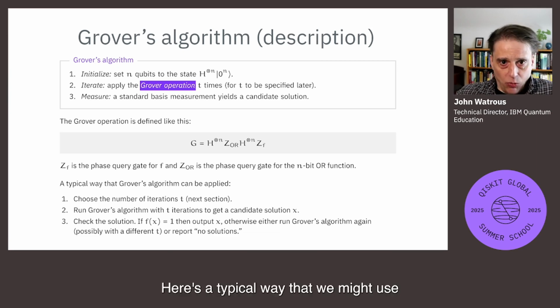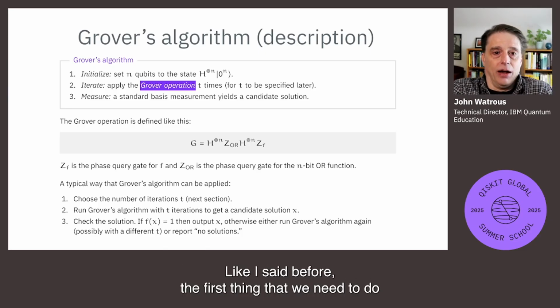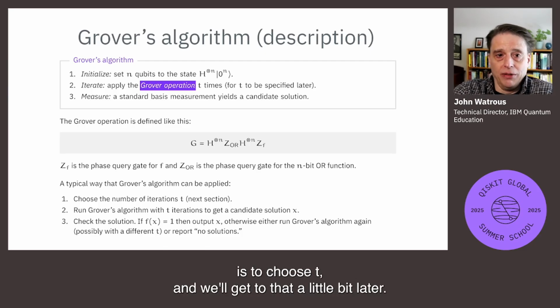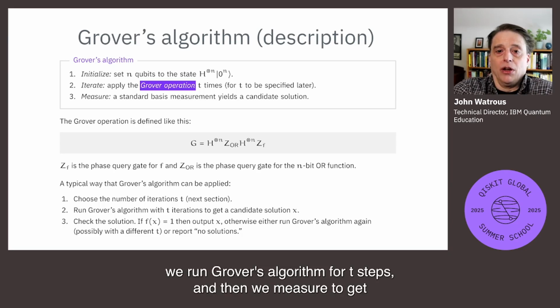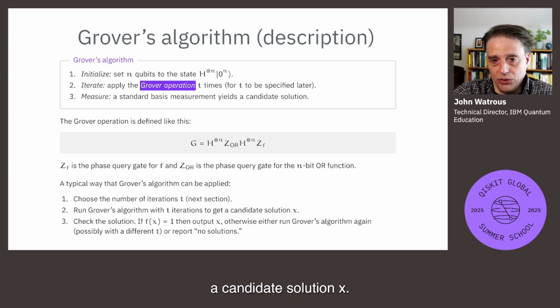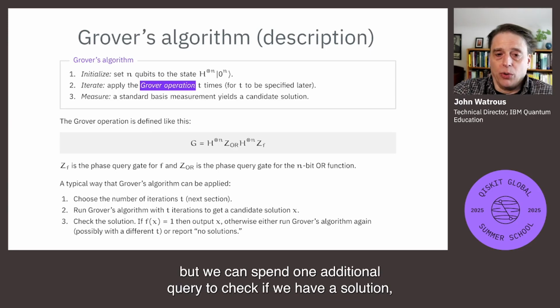Here's a typical way that we might use Grover's algorithm, but not necessarily the only way. Like I said before, the first thing that we need to do is to choose t, and we'll get to that a little bit later. For whatever value of t we choose, we run Grover's algorithm for t steps, and then we measure to get a candidate solution x. There's no guarantee that x really is a solution, but we can spend one additional query to check.